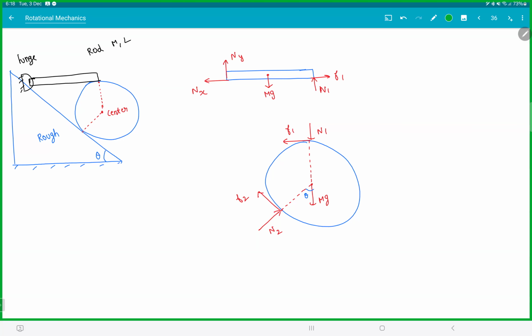Did everyone figure out why it is theta? You can extend the line here. This would be 90. If you drop this vertical, this would be 90 minus theta, and this is theta. So they're parallel lines.